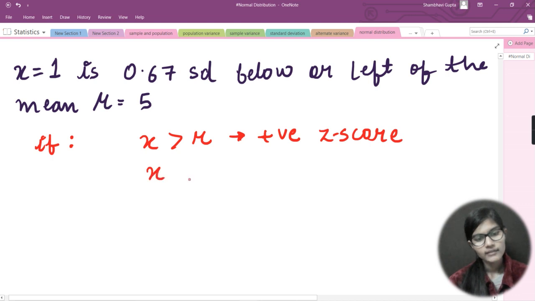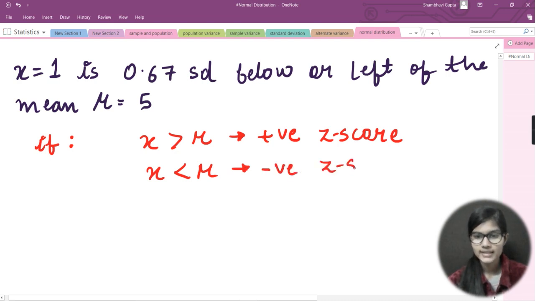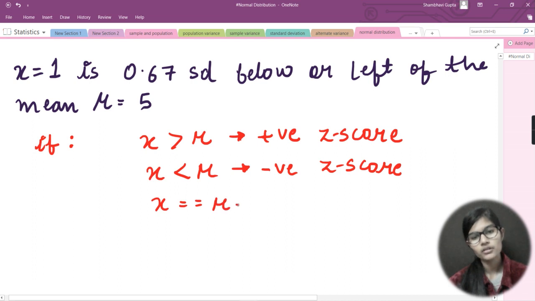When my value of x is less than my mean, then I will always get a negative z score. And when the value of x is equal to the value of mu, then I will always get a 0 z score.